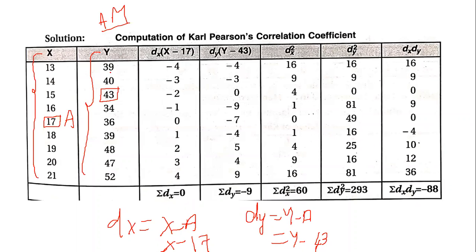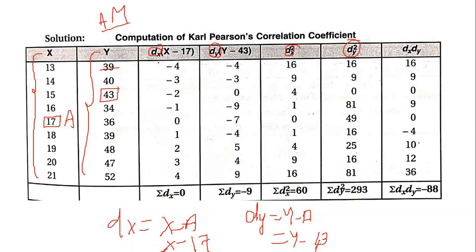So y minus 43, that is 39 minus 43 is minus 4. 40 minus 43 is minus 3. Then 43 minus 43 is 0. And so on. We have to find all the values of deviations for y. Then square the deviations, dx square and dy square.